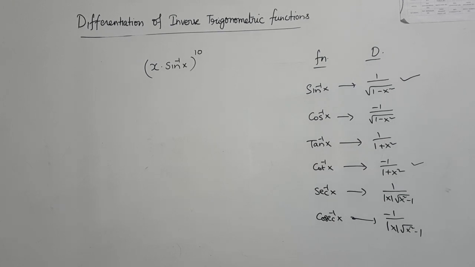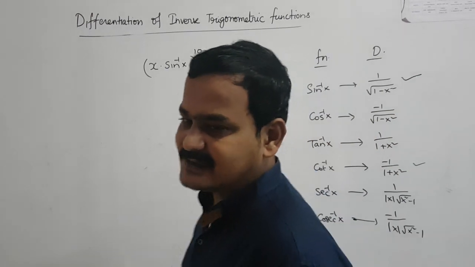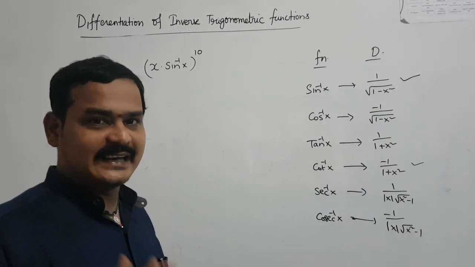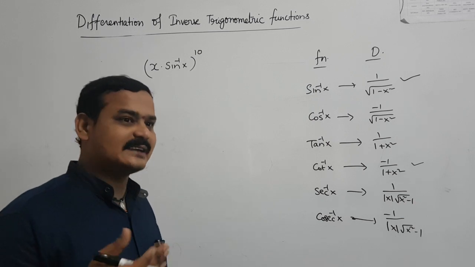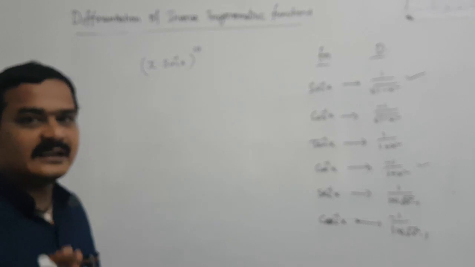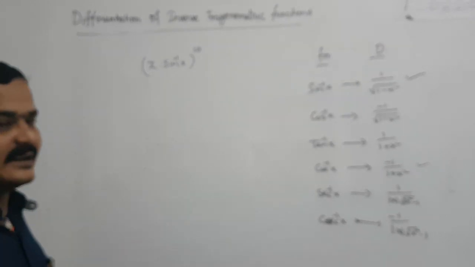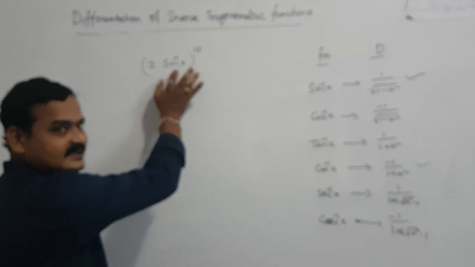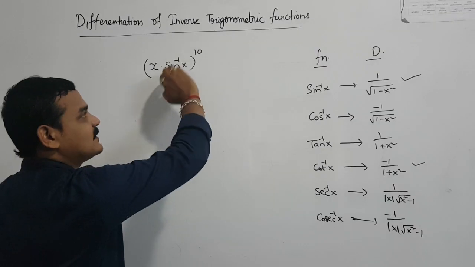In the previous four problems, every problem was sine inverse of something, or tan inverse of something, or cot inverse of something, meaning the second function was included inside the inverse trigonometric function. But this question is not like that; it is the excluding case. The first function is x into sine inverse x, and it looks like x power of 10.